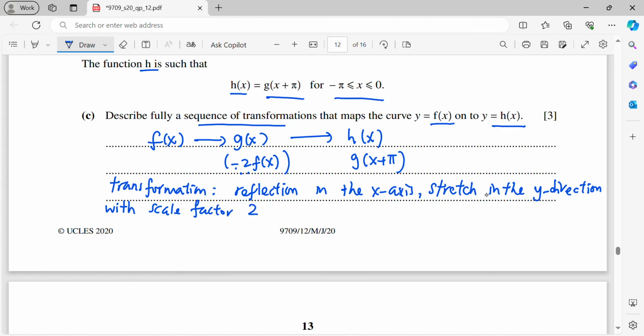Okay, so we found the g(x) here. And then followed by h(x) is g of x plus pi. So when you let this x plus pi be 0, that means your x is minus pi.